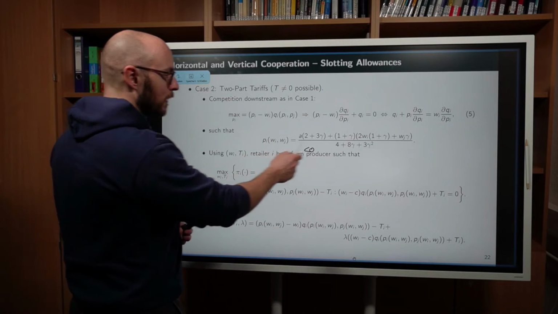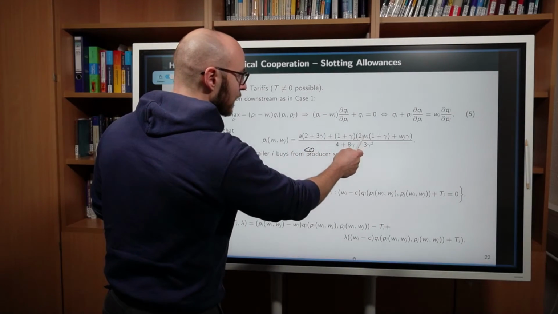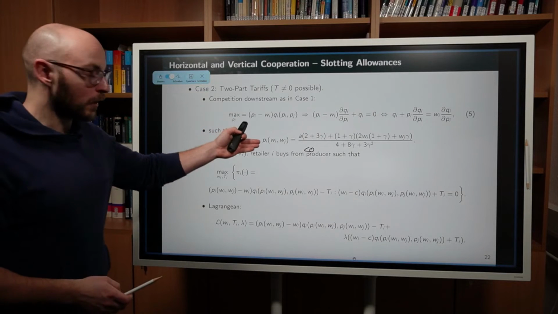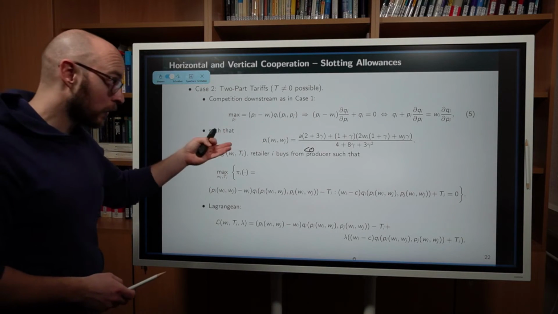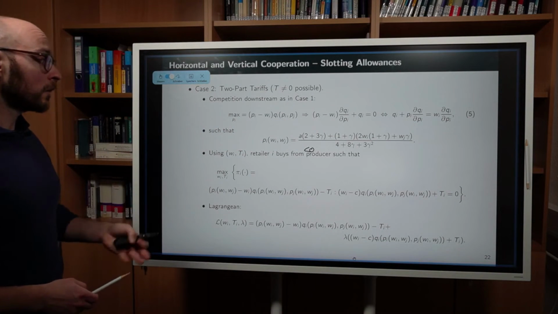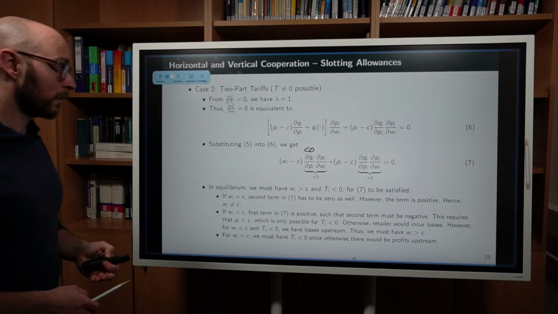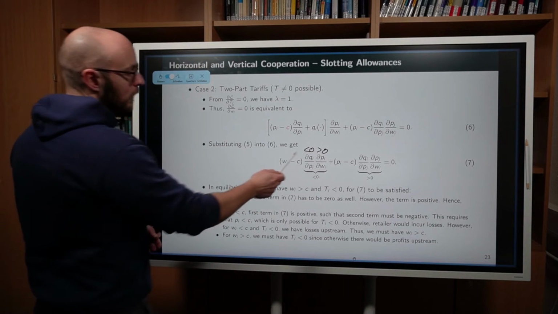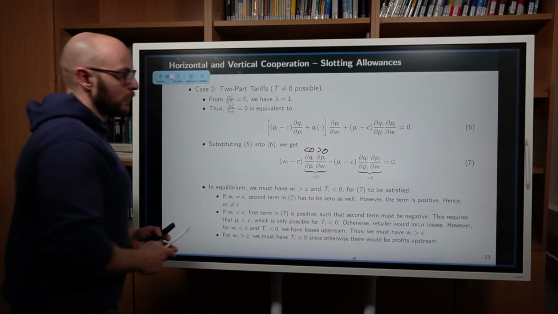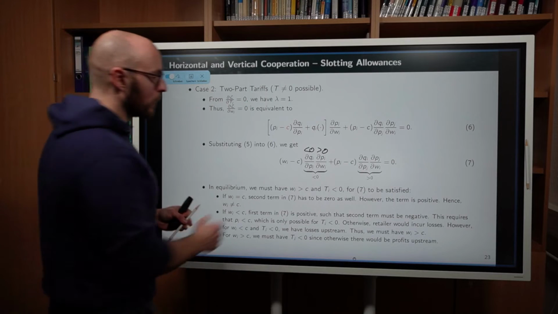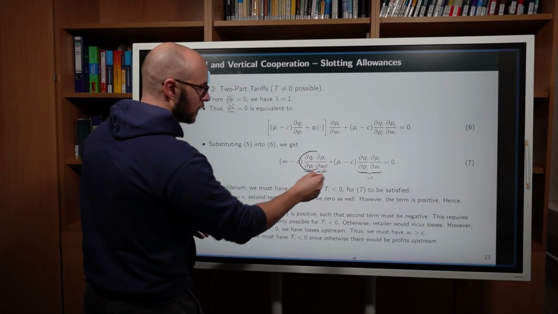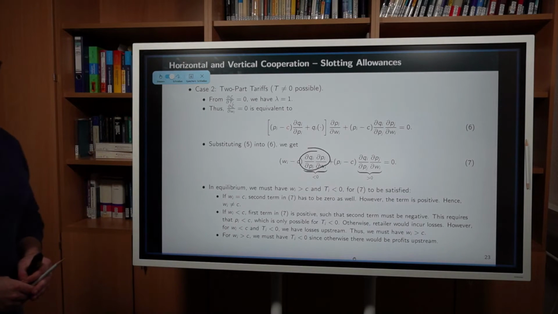So we see here that this term is increasing in Wi. Why is that? Well, economically speaking, if you're charged a higher wholesale price, ceteris paribus, your retail price will increase. So this term here will be positive. And we know that a negative term times a positive term is negative. That's why we know that this term here will be negative.